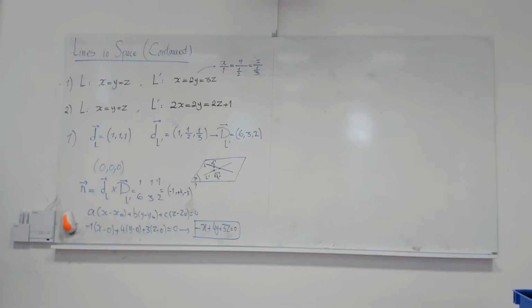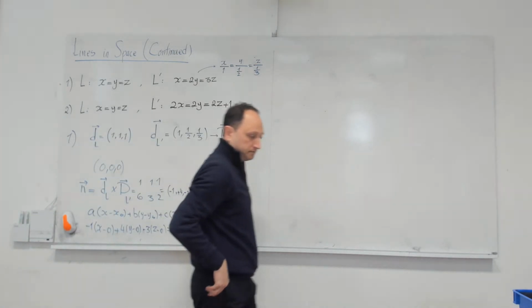Yeah, is that clear? So now I really want you to do the second one yourself. So you should be able to do that. So do all the calculations needed for the second one.